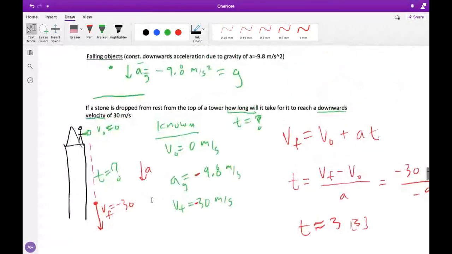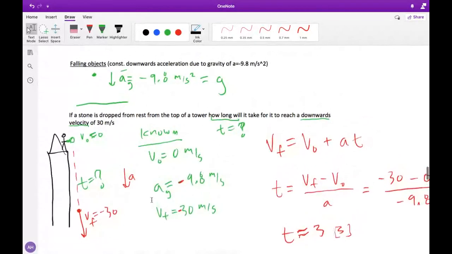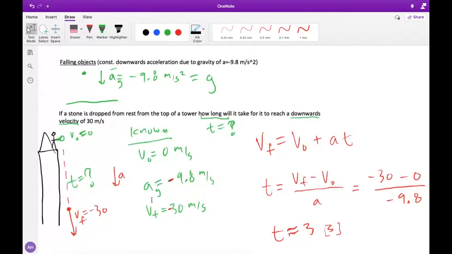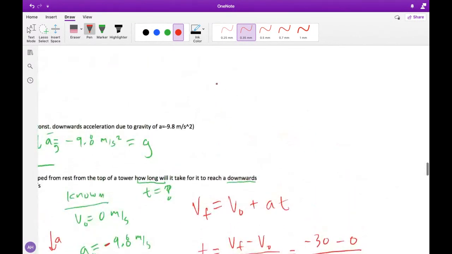Now, before I move forward any further, since we're talking about falling objects, I'll ask you a thought experiment that was done way back when Galileo was studying falling objects.